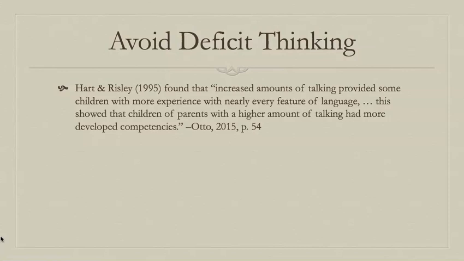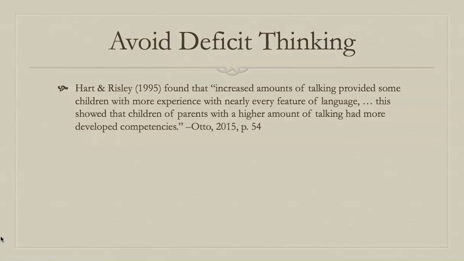Also, if you have a child that comes into your classroom that has a different linguistic background than English, you might think, well, this child comes with a really big gap or a really big deficit because it's not up to par with everybody else. Well, think about all the knowledge that that child has in their native language. All those skills can be easily transferred over onto English and their English development once they have acquired some vocabulary.